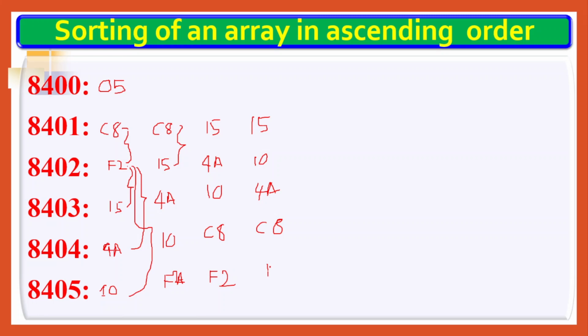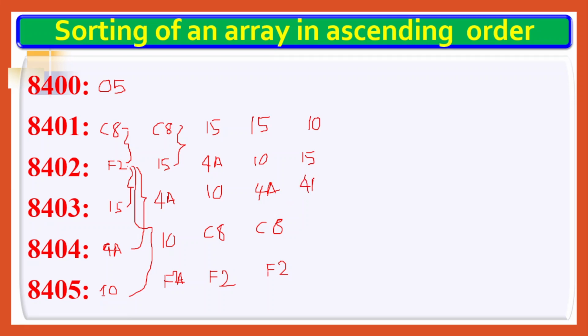Then here F2. Is it completed now? You check. No. Another comparison is needed for 10 and 15. So we complete this with 15 and 10. We will have 10 as the smallest. Then between 15 and 4A, 15 is the smallest. Then the remaining are in the same order.